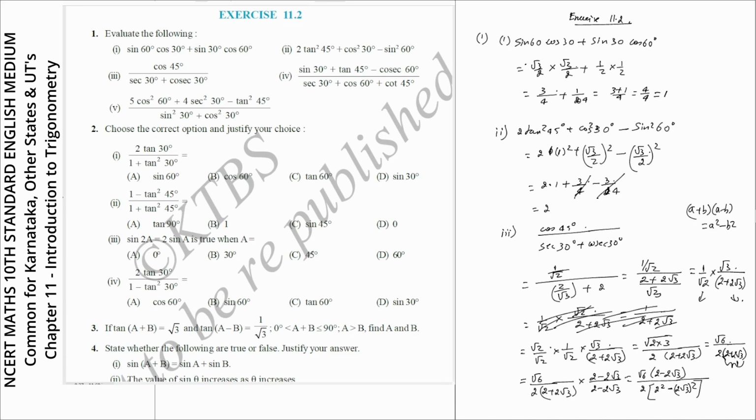Okay, now this is equal to root 6 into 2 minus 2 root 3 divided by 2 into, so 4 minus, now 2 root 3 the whole square is 2 2s are 4, root 3 the whole square is 3 only.